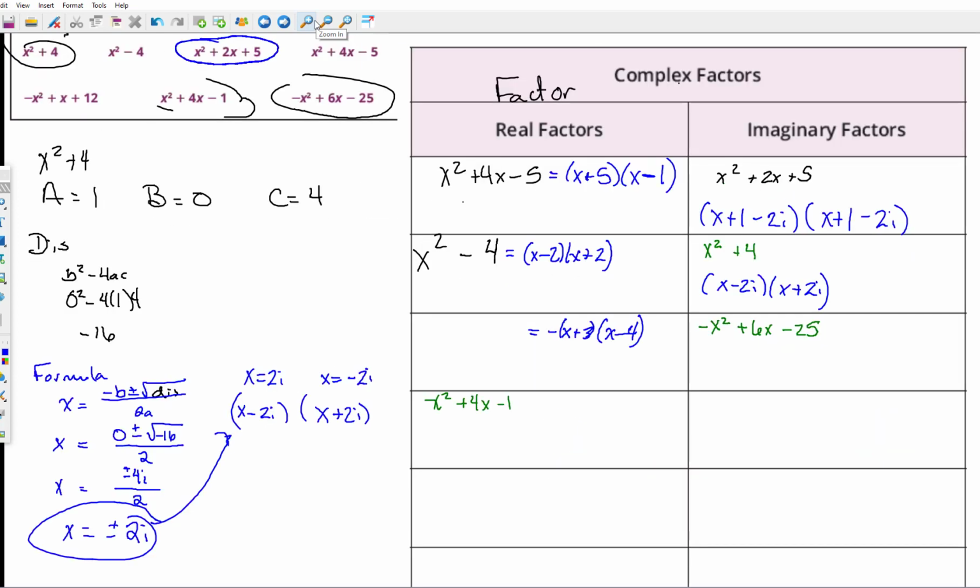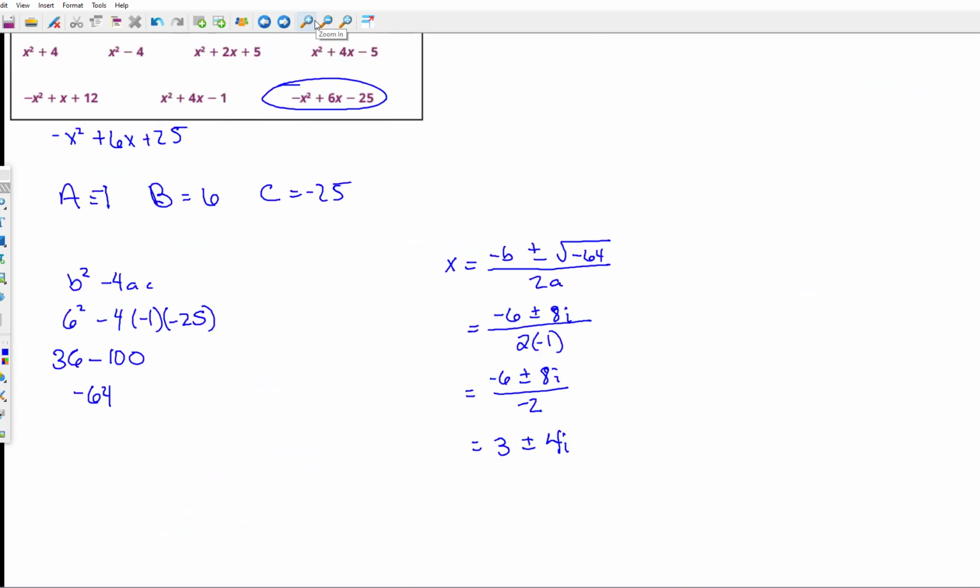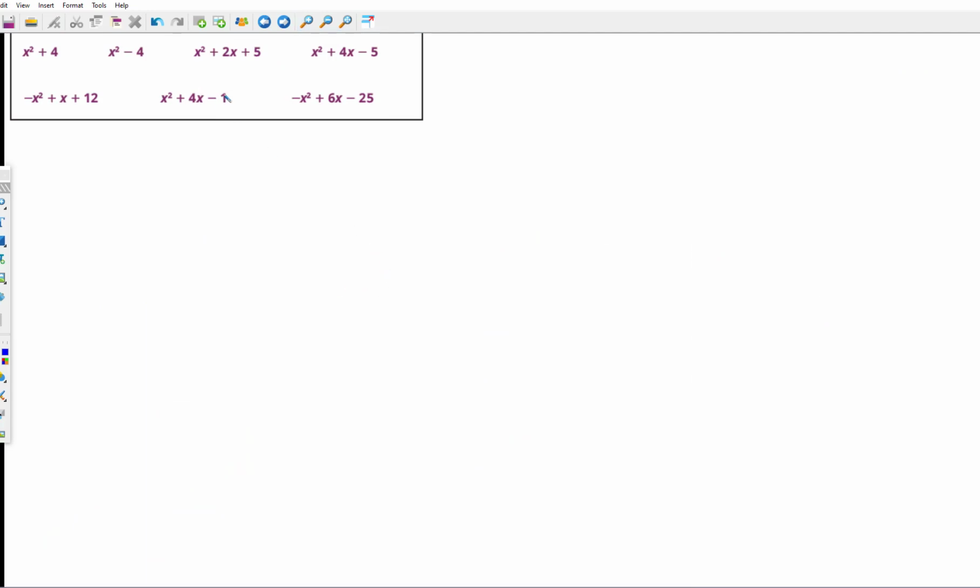No, the last two. And so a equals 1, b equals 4, and c equals negative 1.